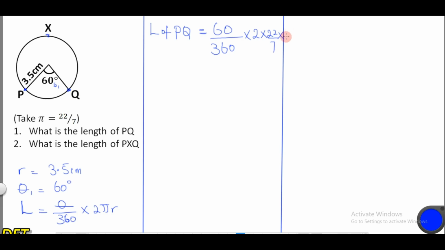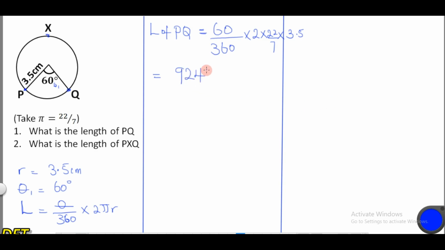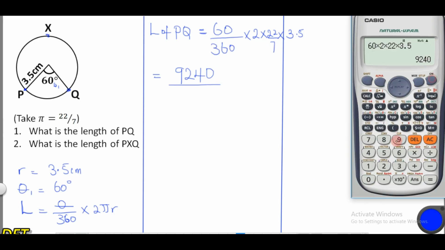This equals 60 times 2 times 22 times 3.5, which gives 9240, divided by 360 times 7, which is 2520.